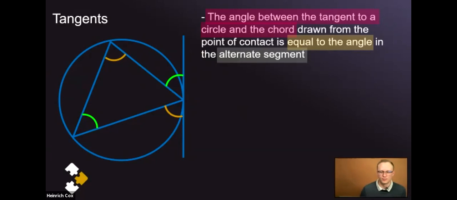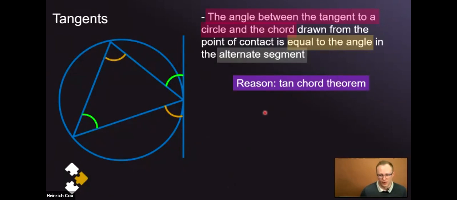Sometimes the tangent just ends here, and then obviously you don't have this green angle. But if you do have a tangent that goes along like this, then this green is equal to that green, and this gold is equal to that gold there. The reason here is simply the tan chord theorem.